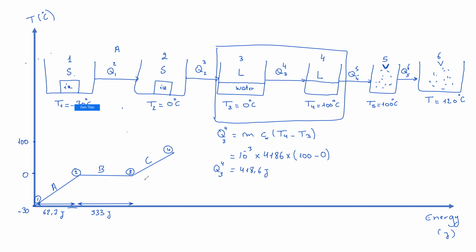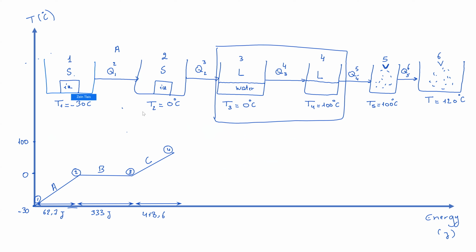Let's say we have a phase or stage C. And the energy added equals to 418.6. We pass to the next one.